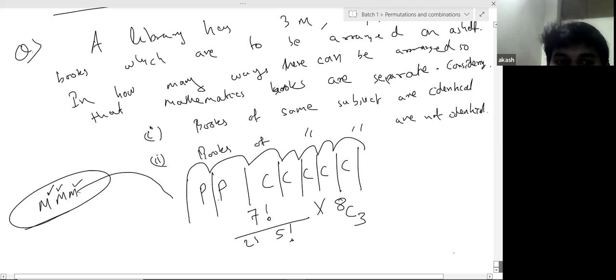Now, because I want to keep these books separate, I want to put them in these gaps between these 2 books, right? Then they'll always be separated. So how many gaps do I have? I have 8 gaps, and I can choose any 3 gaps, and the condition will be satisfied that none of the books are together, right? So 8C3, choosing any 3 gaps out of 8 gaps. Is it clear, Gautam?